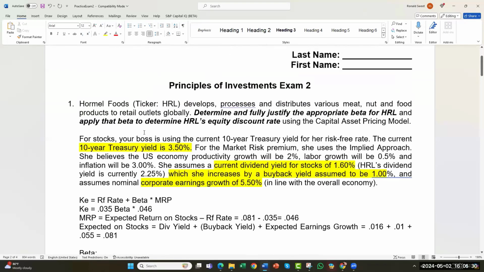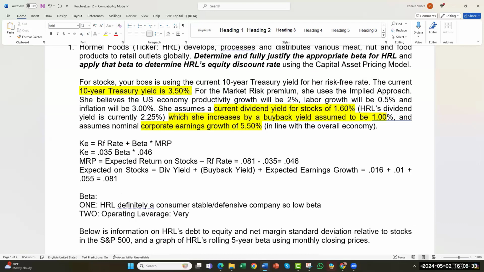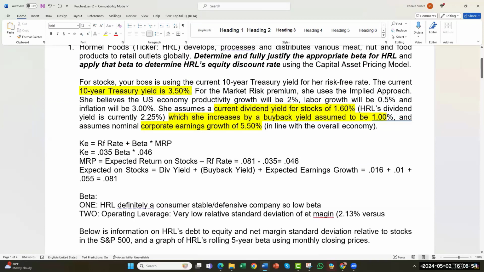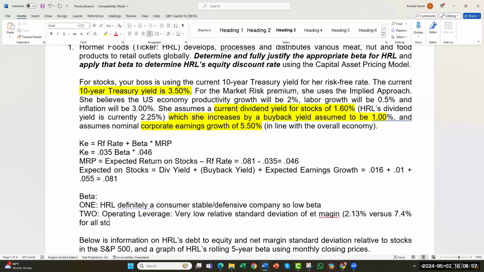So I would say the very low relative standard deviation of net margin, 2.13% versus, I have to go back and find the numbers, 7.4, implies very low operating leverage, excuse me. So more evidence of a low beta.